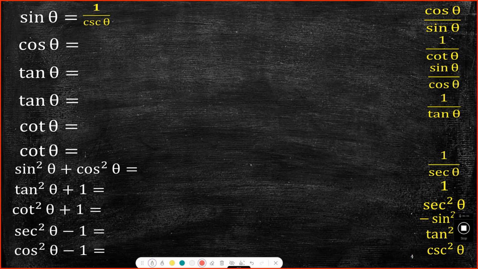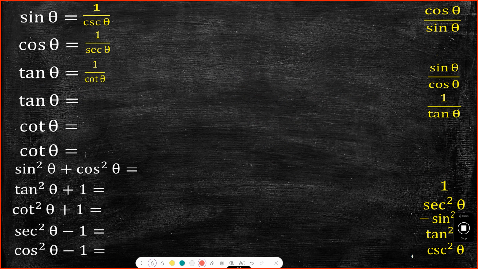Cosine theta. What's cosine theta equal to? It's some 1 over something. 1 over SEC theta. Tangent theta has 2. Which one do you think we are going to write down first? What's tangent theta? The first one is 1 over cotangent theta.